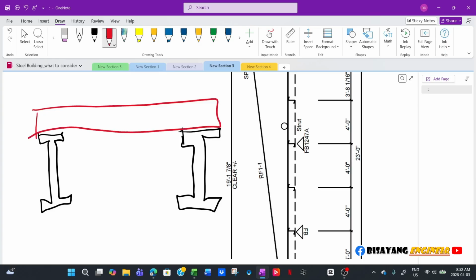That's your purlins. Now all the loads basically are transferred to this. The loads are coming from the walls, right? Coming from the walls right there, and it will be transferred to the frame right here.